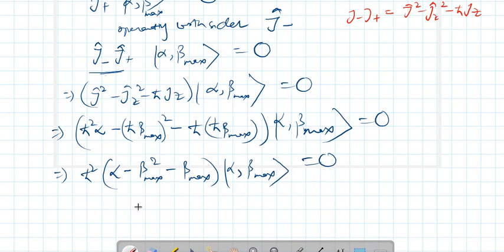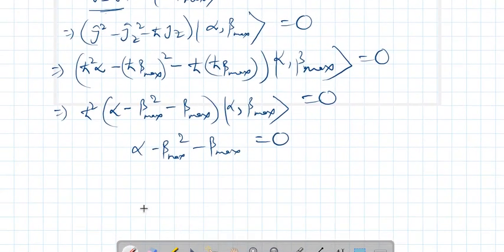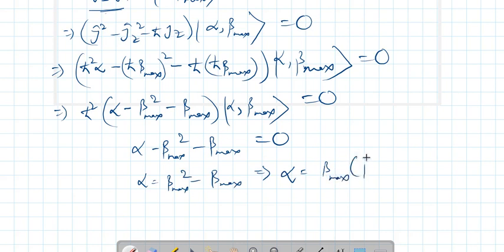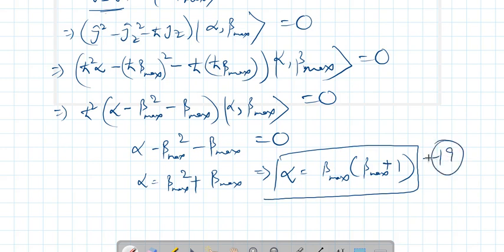So from here I can say that α − β_max² − β_max = 0. Bringing this to the other side, it becomes plus, so α = β_max(β_max + 1). This is one equation which I am getting, and let me call it equation number 19.